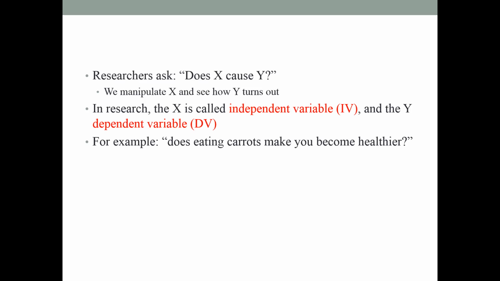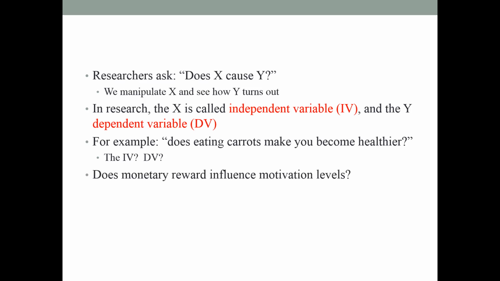So for example, this research question, does eating carrots make you become healthier? Which one is the IV, which one is the DV? Actually, eating carrots is the IV, and healthier is the DV, a person's health.